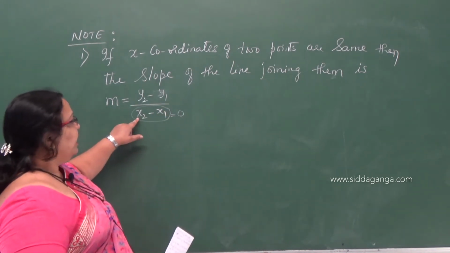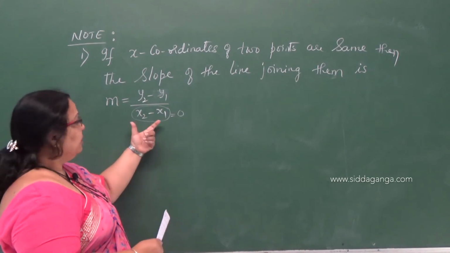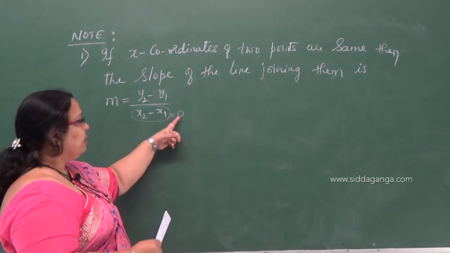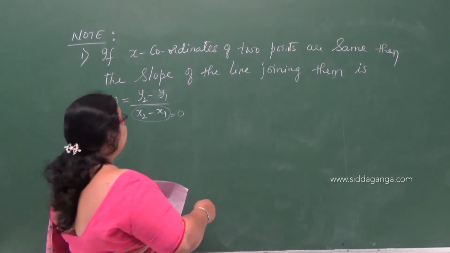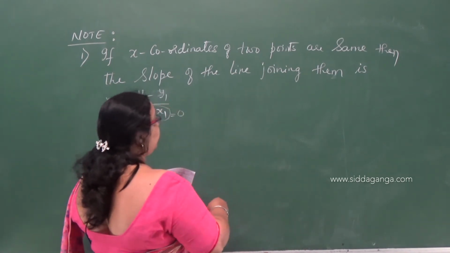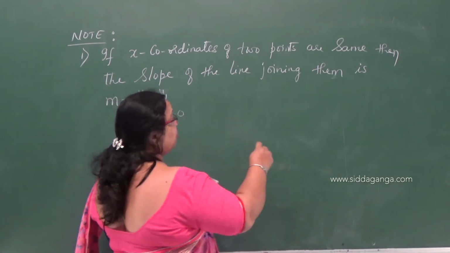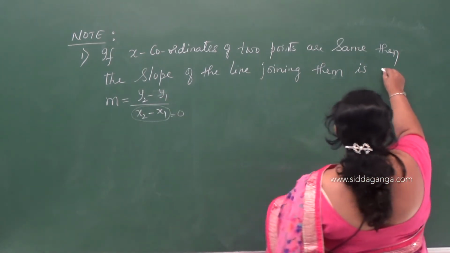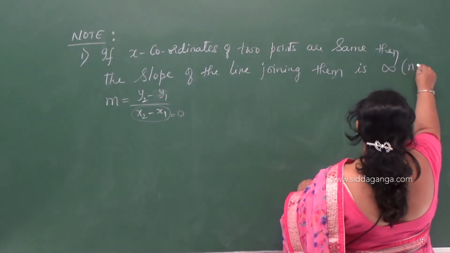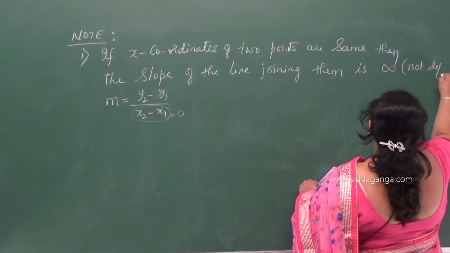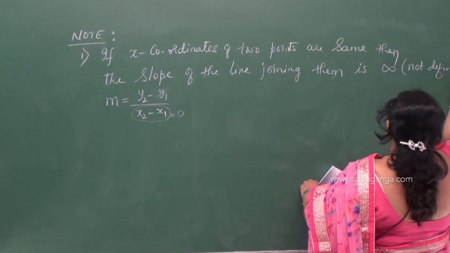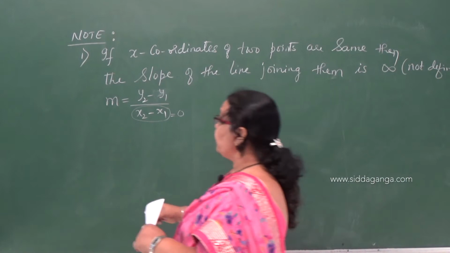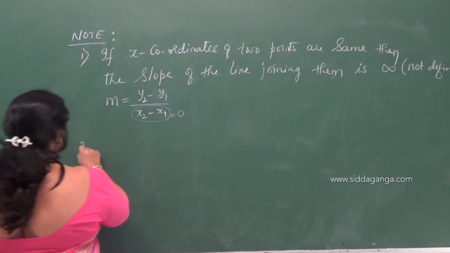When both x coordinates are same, the difference between them becomes 0, so the slope of the line joining them is not defined. It is infinity, meaning not defined.